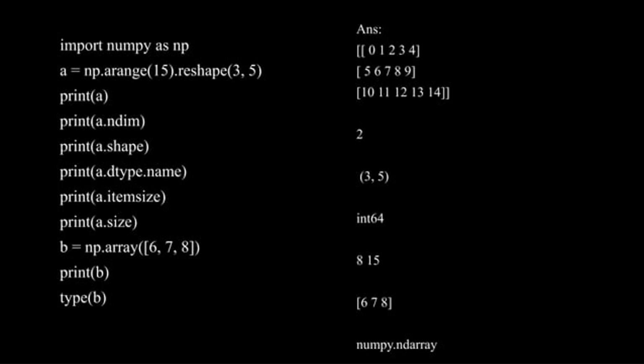See the answer, b is numpy.ndarray because b is stored in np.array. Same with a, which is also an ndarray. Print a, and the shape is 3 by 5, item size is 8 for int64.